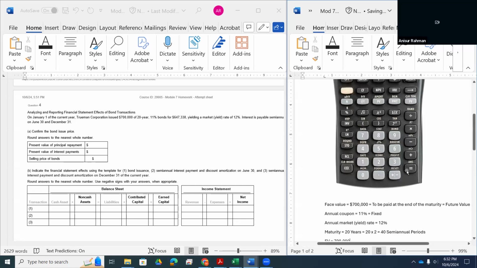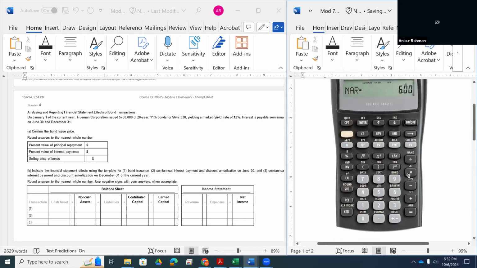Now, we will use the financial calculator for this problem. There are specific keys we need to use. For example, in this row of keys, N means number of periods, I over Y means interest rate, this is PV, present value, PMT is a recurring payment, and this is the future value.